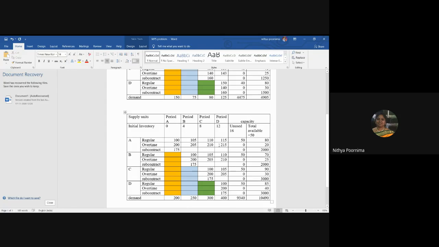Okay, I don't want to hurry. In the next class, I'll continue with the allocation. I just want you to copy this matrix which we have framed here. Please try to understand the matrix. Whatever is given in the table format, we have converted into a matrix form so that I can do the allocation part.